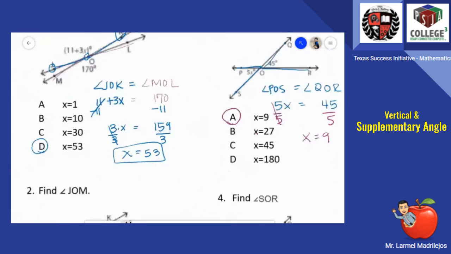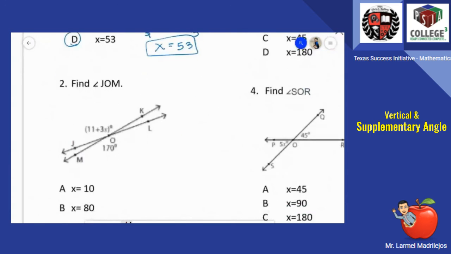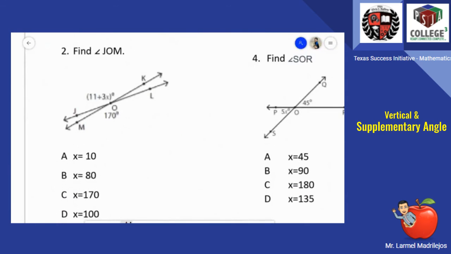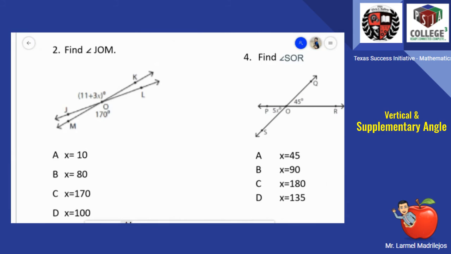Last question. I will let you answer question number 4 because it's the same as question number 2. So this time, find angle JOM, with the given angle MOL. If you remember from my previous videos, a straight line or supplementary angle is 180 degrees.